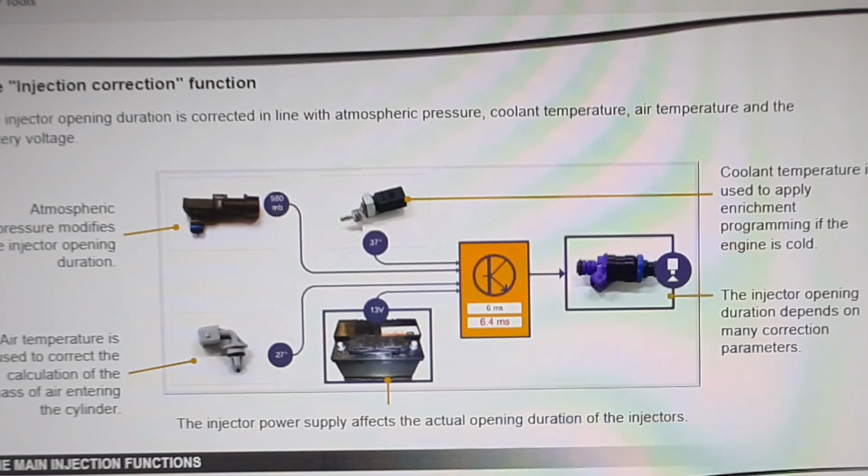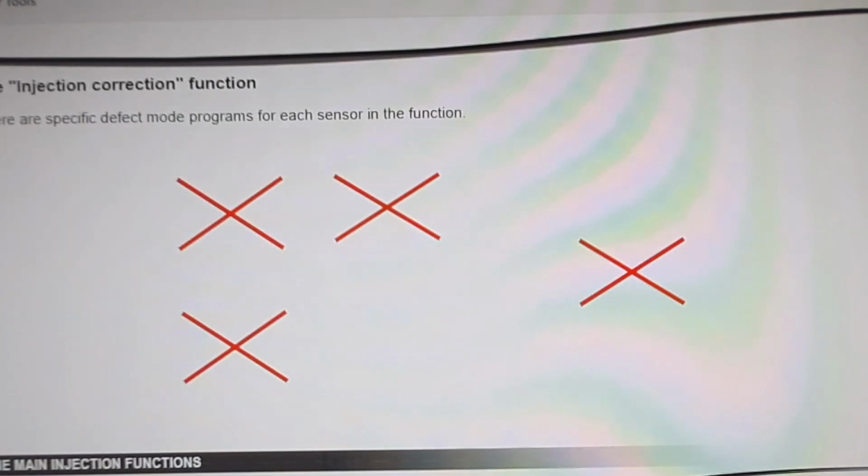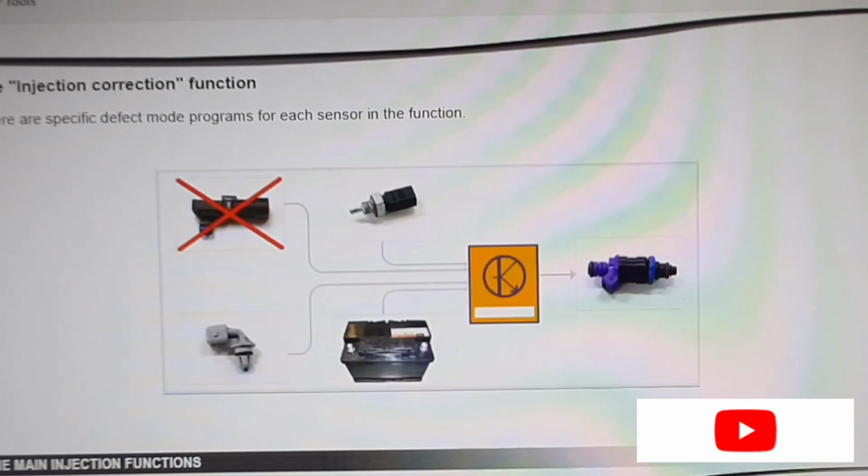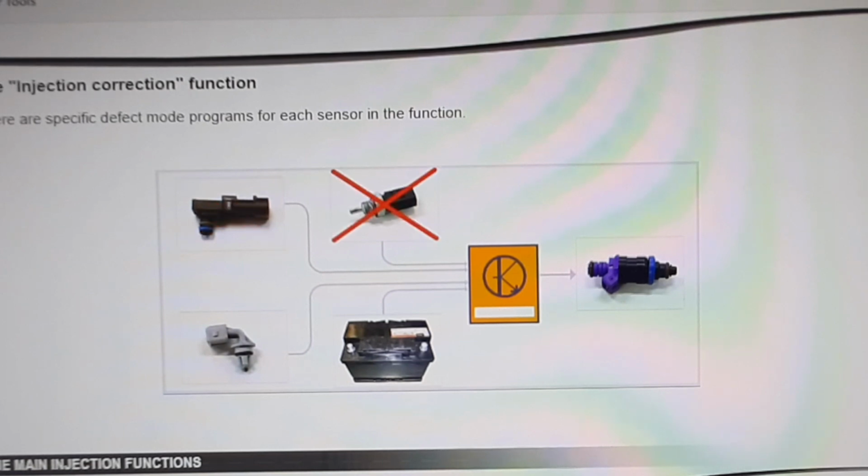In the event of a manifold pressure sensor fault, the atmospheric pressure signal is ignored. There are several defect mode programs for the coolant temperature sensor, depending on the system. The computer may, for example, use the air temperature value when starting and then take a hot engine temperature value.